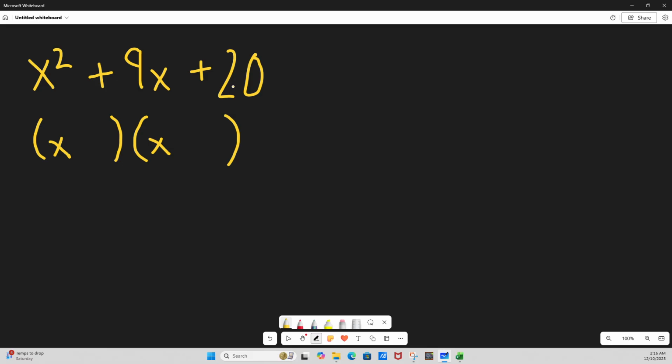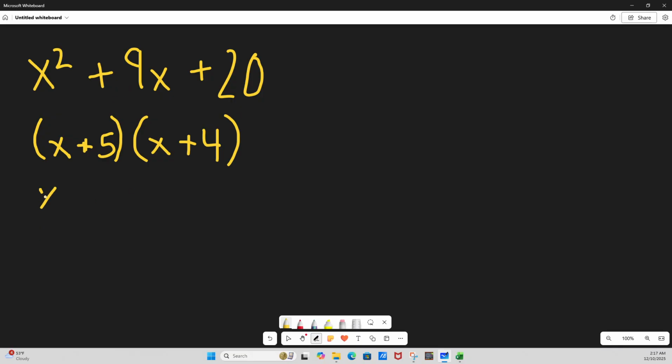So if you go through some examples like 1 and 20, or 2 and 10, or 5 and 4, 5 and 4 add up to 9. So if we go plus 5 and plus 4, they're going to multiply to 20 and also add to 9.